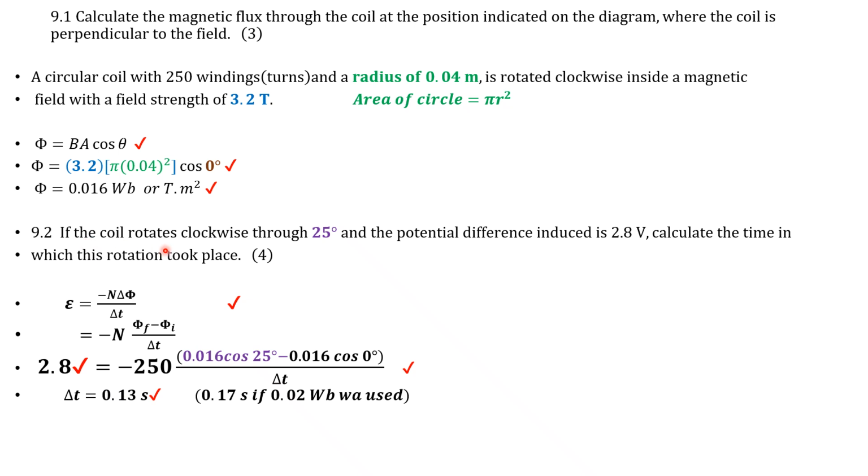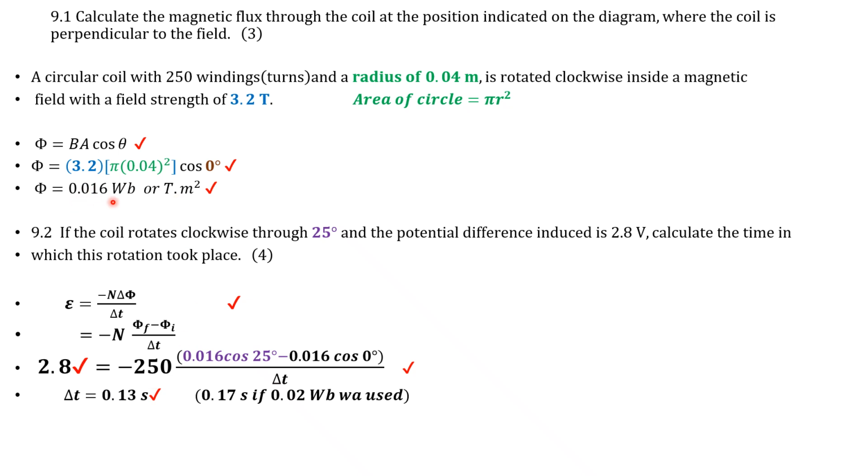Now if the coil rotates clockwise through 25 degrees, so it started from 0 to 25, the potential difference induced is 2.8 volts. Calculate the time in which the rotation took place. So again, EMF equals negative N, my number of turns, times change in magnetic flux over change in time. So E equals 2.8 volts given, negative N, my number of turns was given as 250 there.